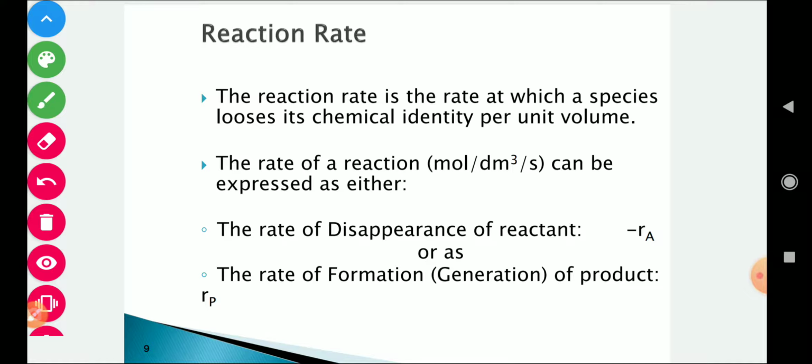Here you can see the rate of disappearance shows a negative sign. This negative sign indicates that there is disappearance of the reactant. On the other hand, the rate of formation of product is a positive quantity, which indicates that the product is forming.